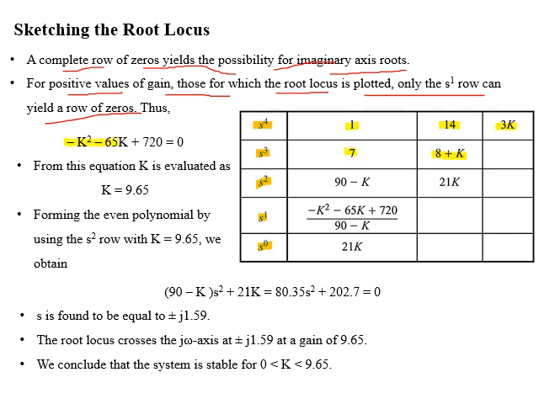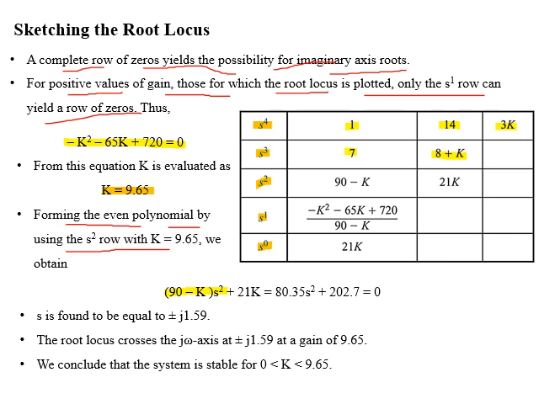Thus, minus k square minus 65 k plus 720 equals 0. From this equation, the value of gain k equals 9.65. For this value of 9.65, we will form the even polynomial at the row labeled s square.